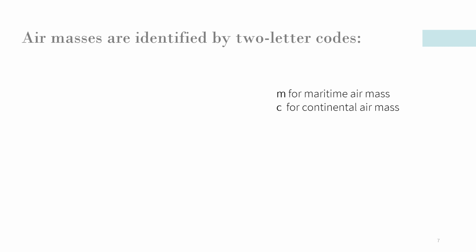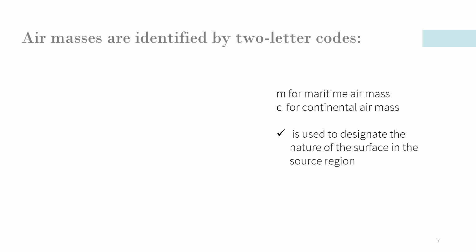That means the air mass that forms above the land surface. So this is used to designate the nature of the surface in the source region. Therefore, the humidity characteristics of the air masses are also designated based on the nature of the surface in the source region.